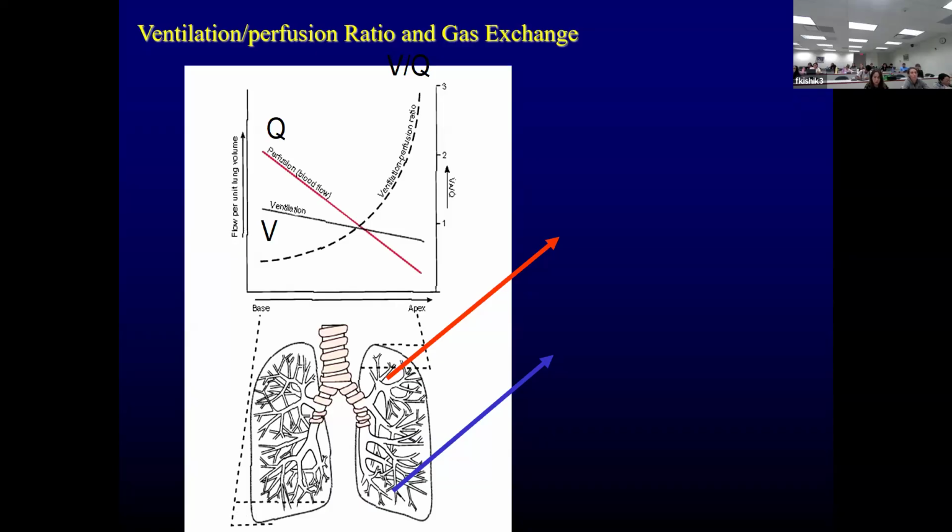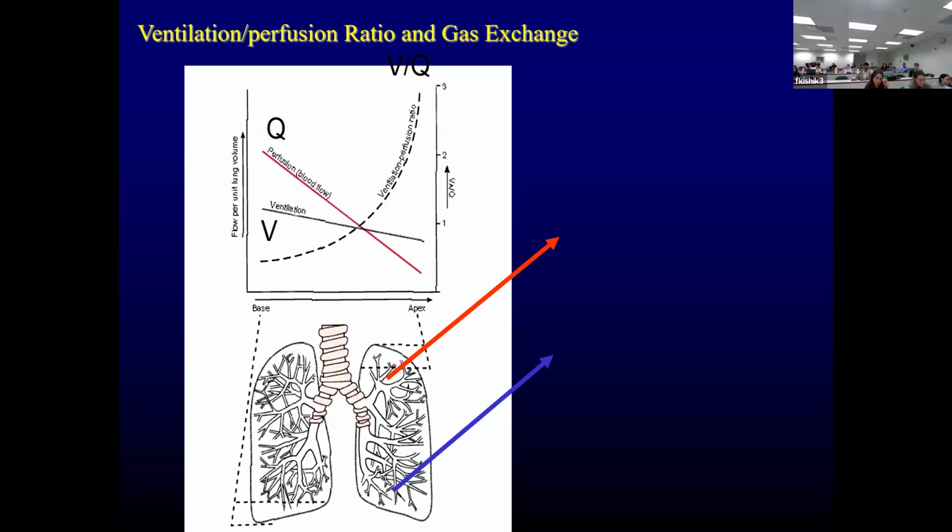So the ventilation perfusion ratio is more than 1 at the apex, and less than 1 at the base. Where they cross each other, that ratio is 0.8, somewhere around here. So if I take the entire lung, the normal ventilation perfusion ratio is 0.8.